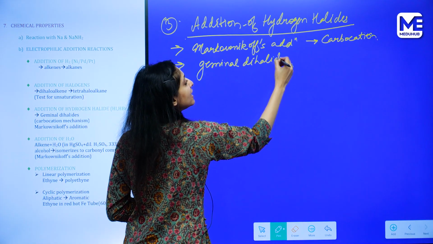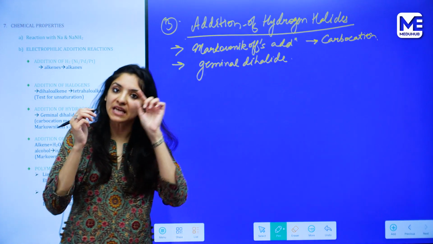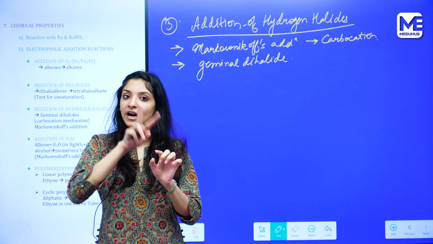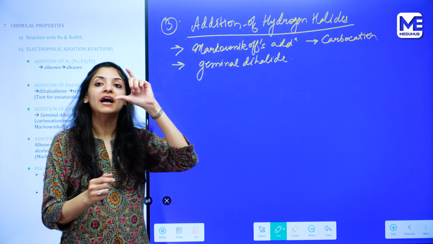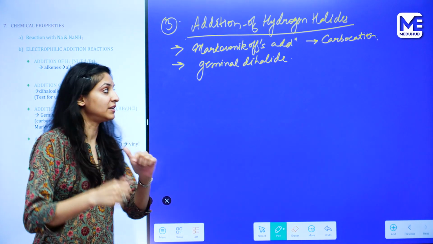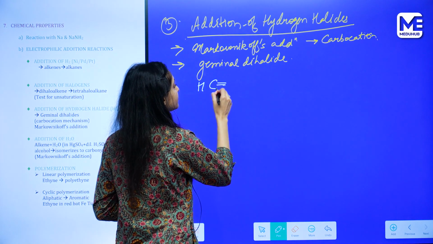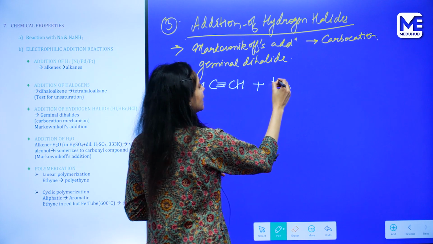A geminal dihalide is a haloalkane where the halogen atoms are attached to the same carbon atom. In vicinal dihalides, the halogen atoms are attached to adjacent carbon atoms, but in gem halides, the halogen atoms are attached to the same carbon atom. Let us see an example. We have ethyne. It will add on two molecules of HBr.